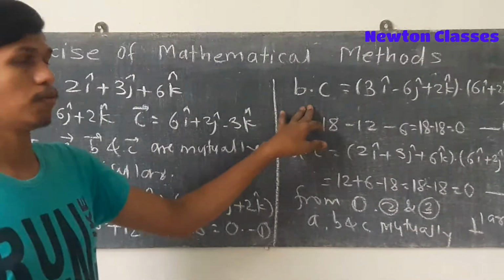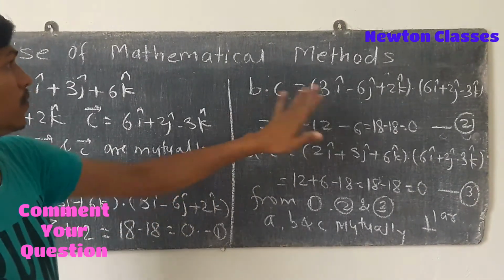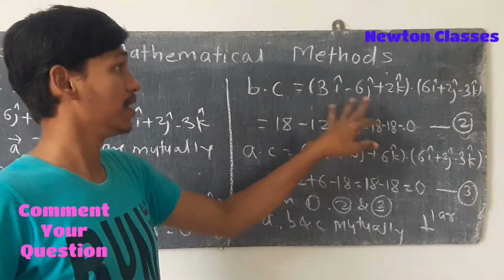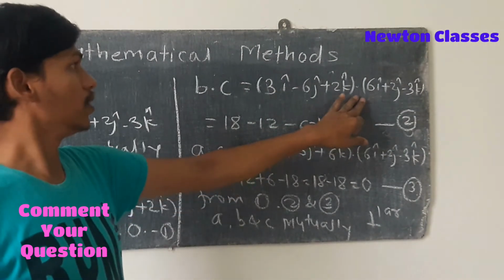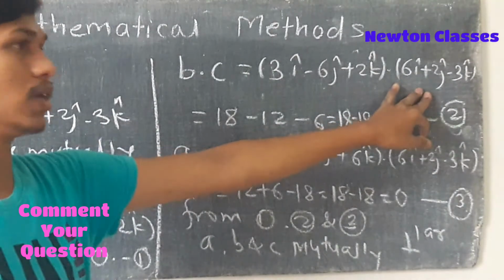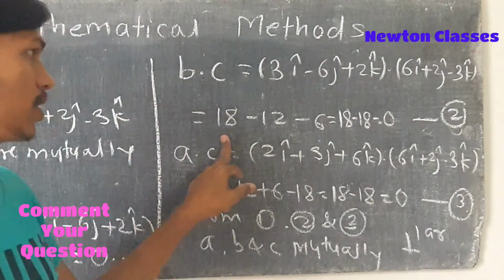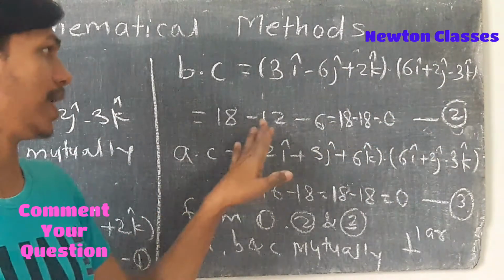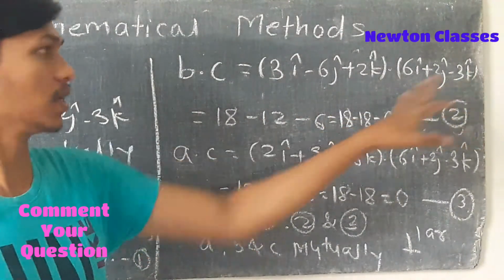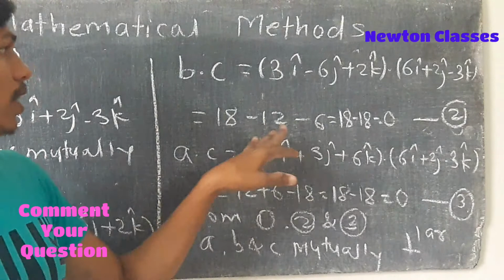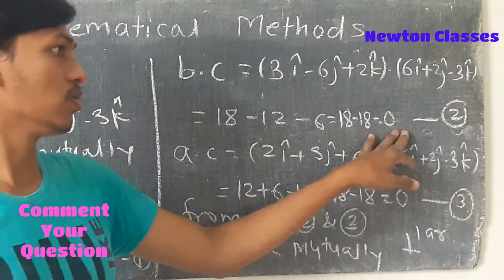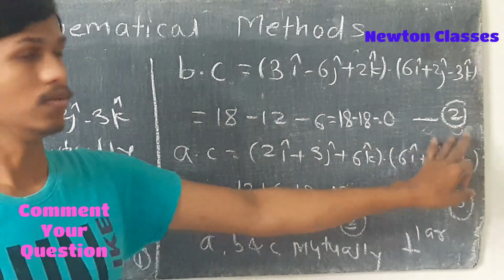Second, consider the dot product between B and C. Vector B is 3i cap minus 6j cap plus 2k cap, dot 6i cap plus 2j cap minus 3k cap. Again 3 into 6 is plus 18, minus 6 into 2 is minus 12, 2 into minus 3 is minus 6, so 18 minus 18 is equal to 0. Call that equation number 2.